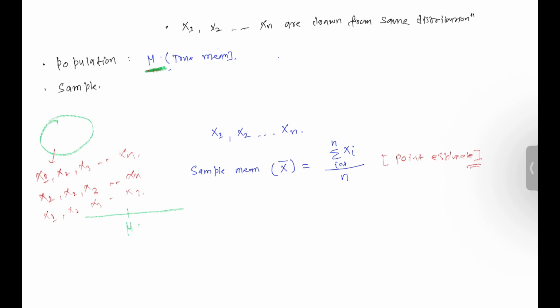So the sample will vary on each day, which means the sample mean will vary, and so the interval that we calculate from this will also vary. And this interval might capture the true mean or it might not.